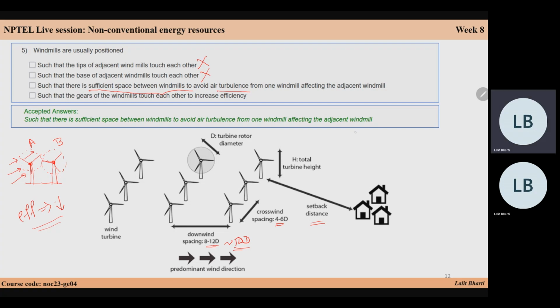This we have discussed in this diagram, so the third statement will be correct. Also see the fourth statement, such that the gears of the windmills touch each other, that is completely incorrect. So our option third is correct for this condition. We should have sufficient spacing to avoid air turbulences.